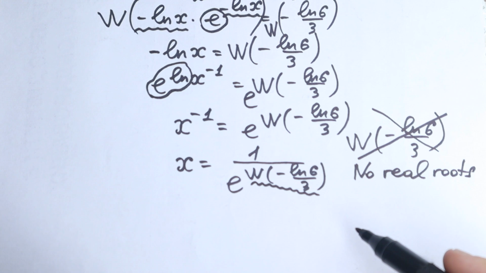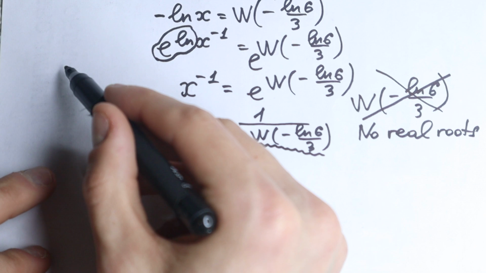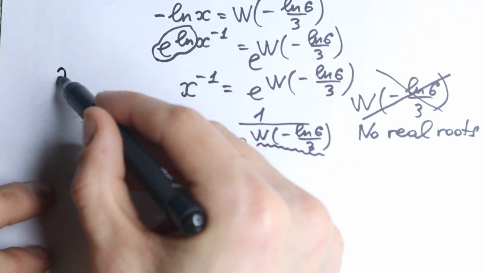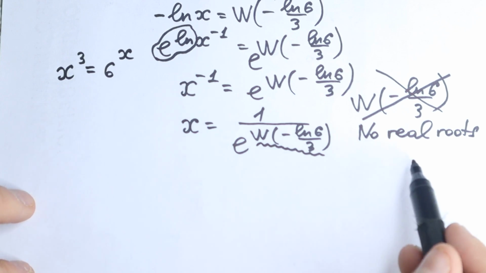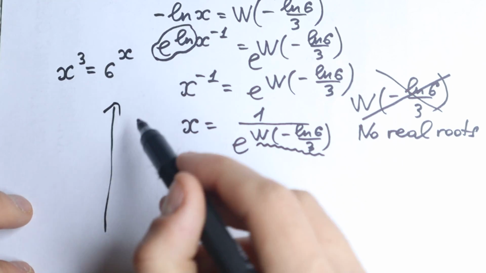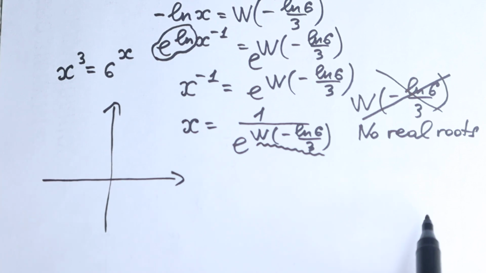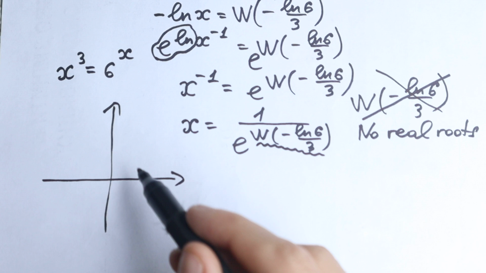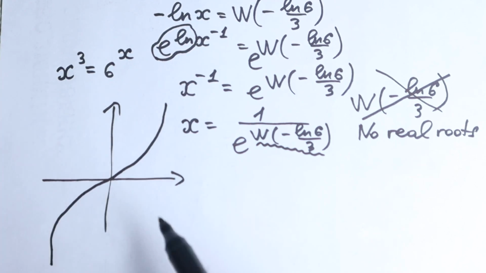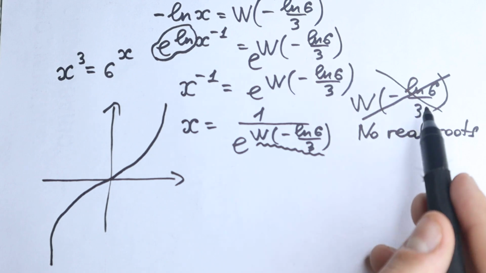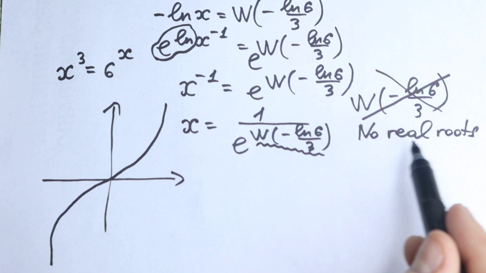And if we write it in graph form, in the beginning we have this expression, x cube equal to 6 to the x. Since we know that we have no roots here, we can easily draw a real quick graph and see that we don't have any solution. So x cube, this is our function like that. For example, we can draw it like this, and we have 6 to the x. This is an exponential function, but we know that we don't have real roots.